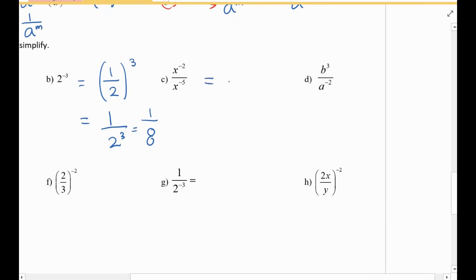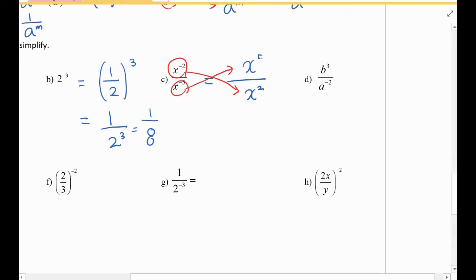Next. So I said when you have negative exponent, you have to change the location. So you're going to move this 2 here. That becomes x squared. And you're going to change the location and make the exponent positive.